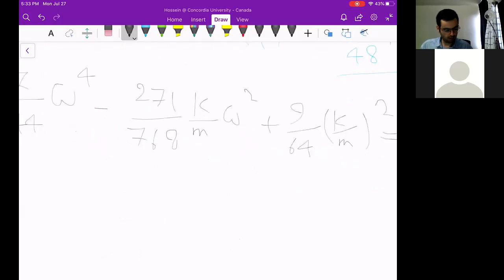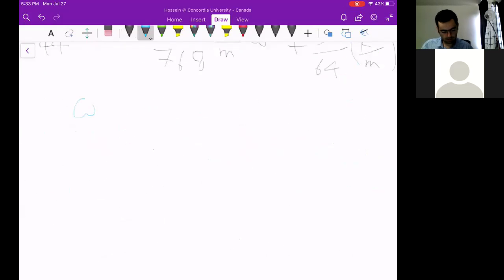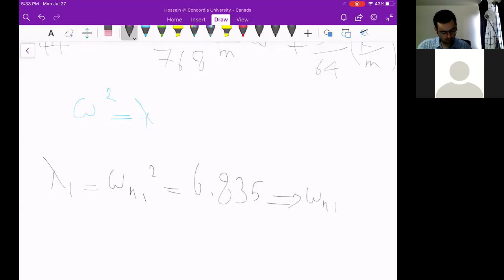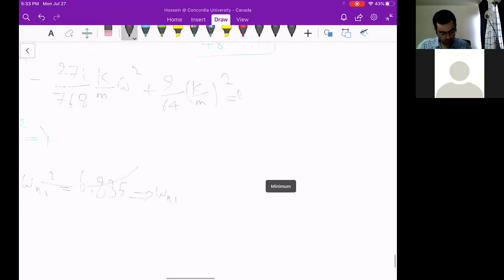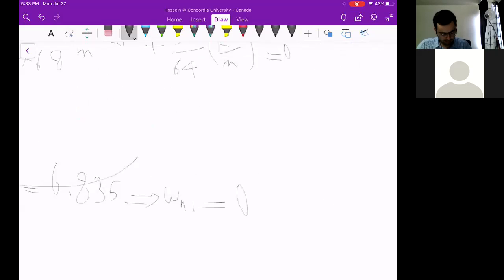If you consider omega squared as a lambda, then lambda 1 is going to be omega n1 squared, which is going to be 0.6835. Therefore, the first natural frequency is going to be 0.650 square root of k1/m1.